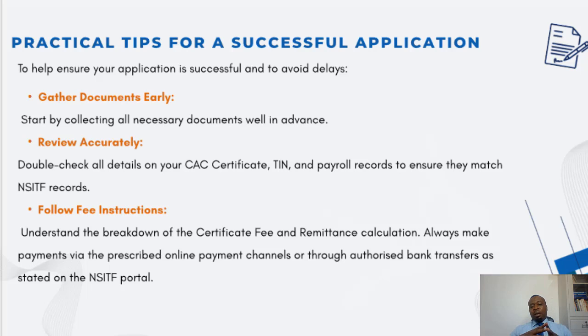And very importantly, you have to understand the breakdown of the certificate fee and the remittance calculation. You have to always make payment via the prescribed online payment channel or through authorized bank transfer as stated on the NSITF portal.